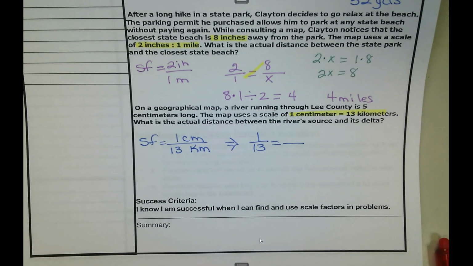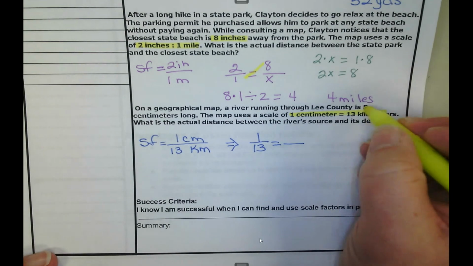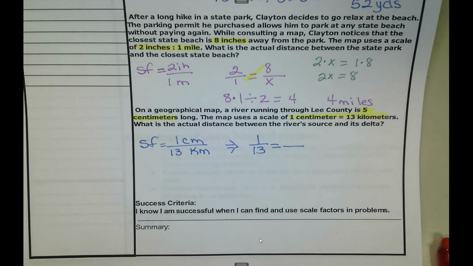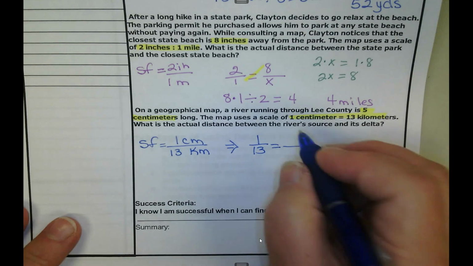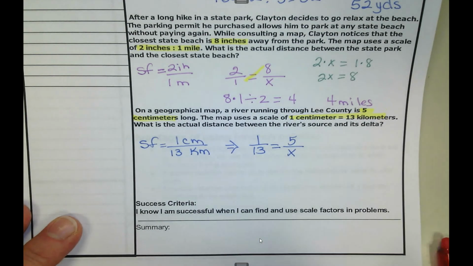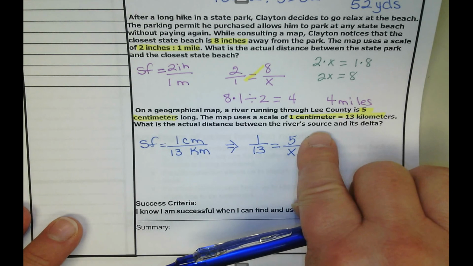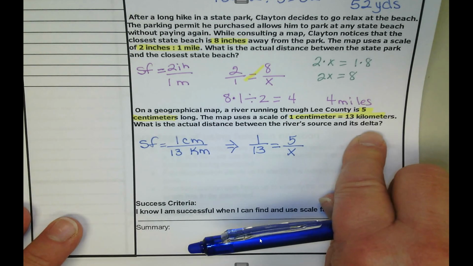Okay, the river is 5 centimeters long. So centimeters go to centimeters, so it will go on top and x. Okay, remember that the river source is where it begins. Its delta is where it actually comes out at.